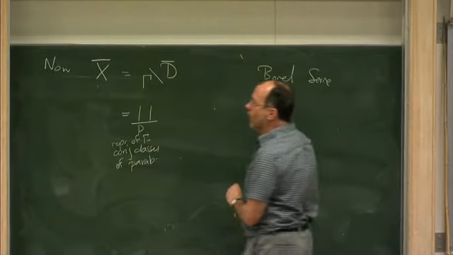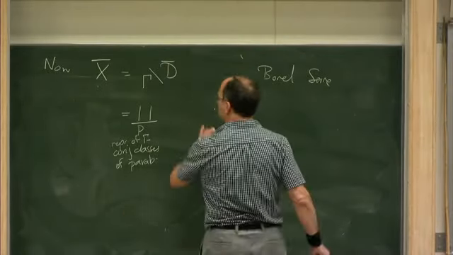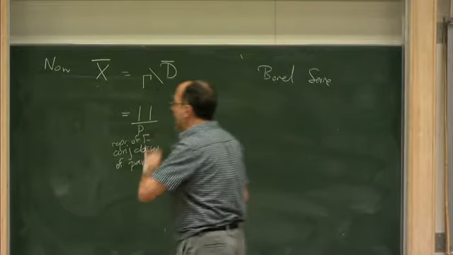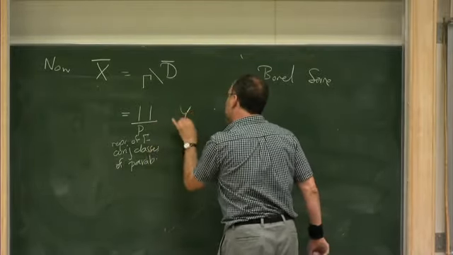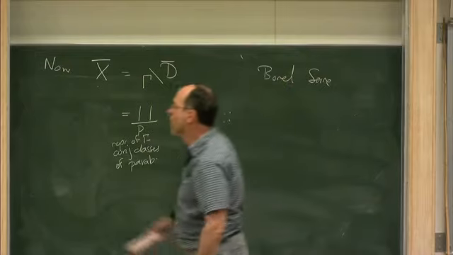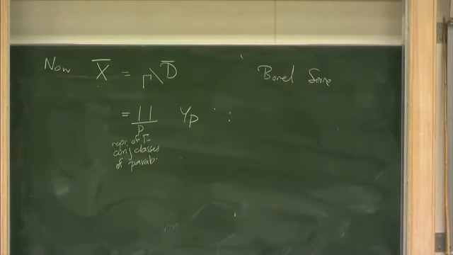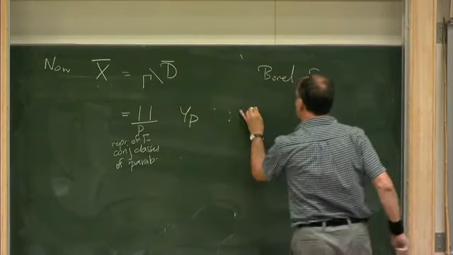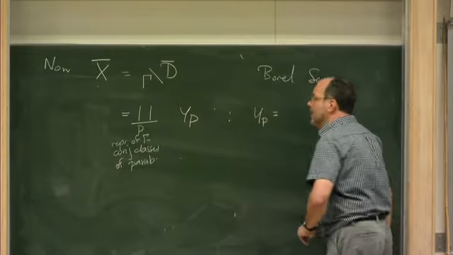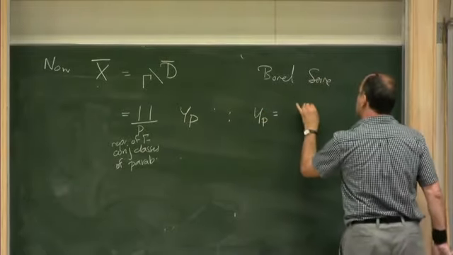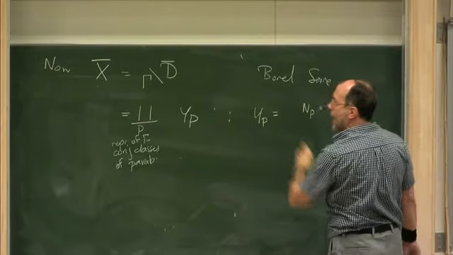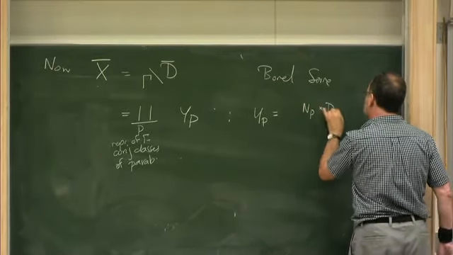So, and what do you get? Well, you get, let's write Y_P. And what's the structure of Y_P? Well, here's the thing that's out at infinity. So Y_P is going to be N_P, and I'm going to leave off that power of infinities, cross D_P.